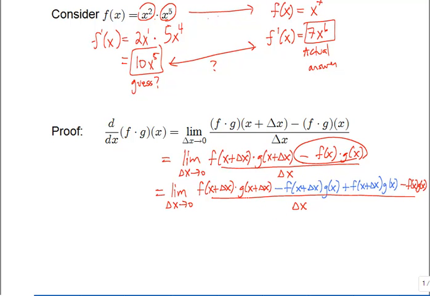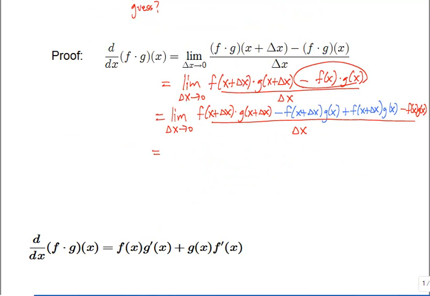So I haven't changed this limit, but hopefully by what I've added and subtracted in, I can now rearrange some things and make this a little bit more user-friendly. So let's see why this is going to help me. If I take a look at the first two terms, what do they both have in common? They both have an f of x plus delta x.